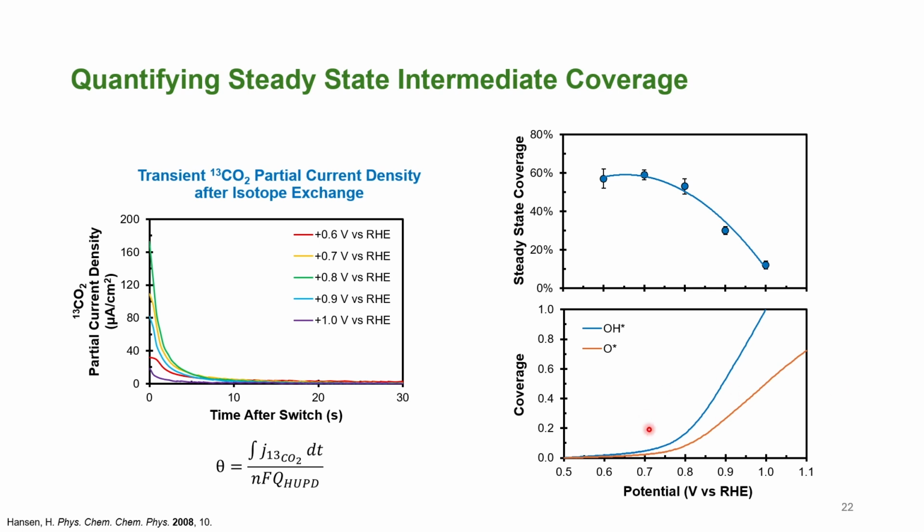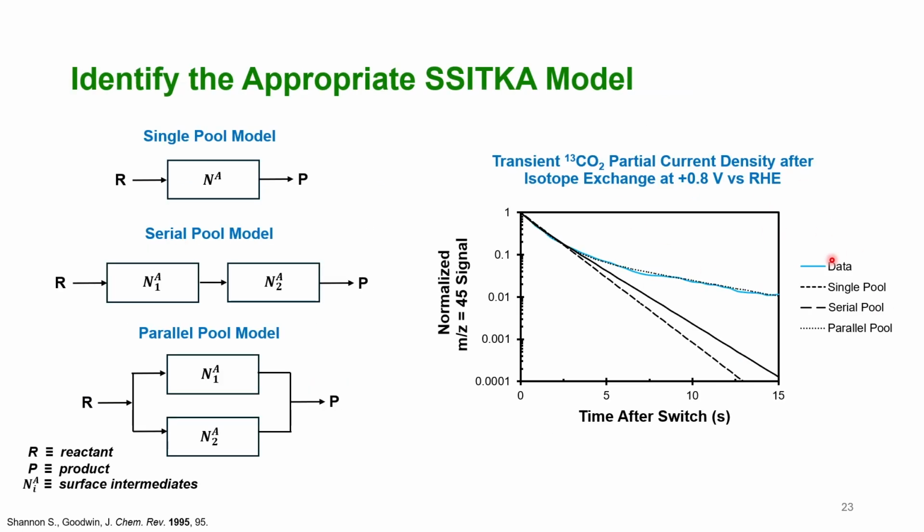And this is just to show you that these oxygenated species start to come on the surface at roughly 0.7 volts versus RHE, which suggests that these active sites are being taken up by oxygenated species, and therefore methanol is no longer able to react onto the surface.